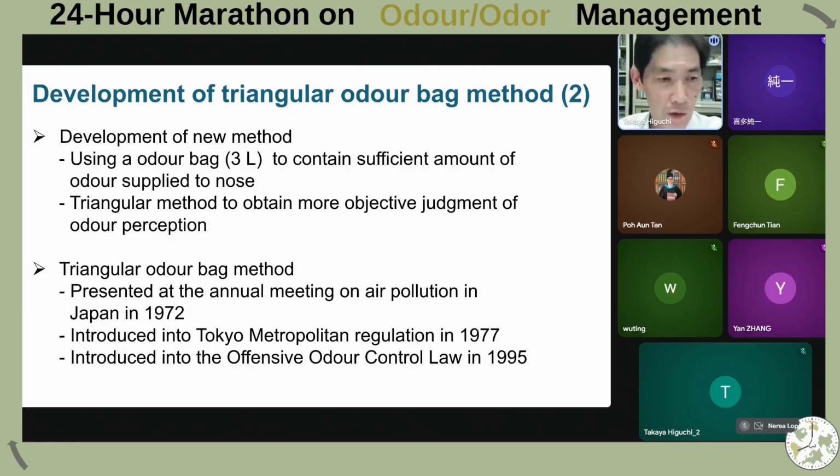This method was first presented at the annual meeting on air pollution in Japan in 1972. Then, this method was introduced into Tokyo Metropolitan Odor Regulation in 1977. Then, the method was introduced into the Offensive Odor Control Law in 1995.